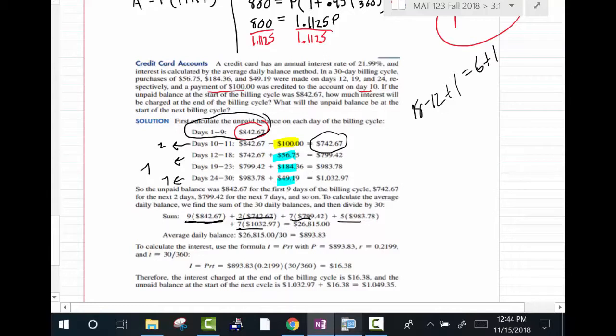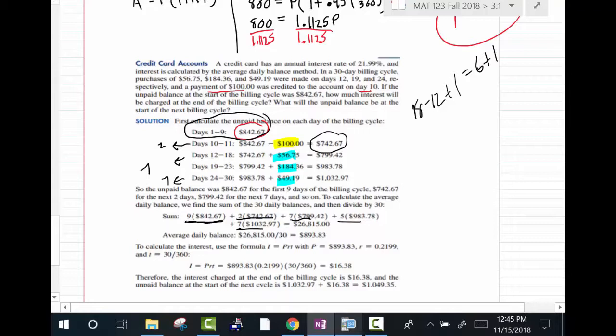What you need to understand is, for the first 9 days of the month, that's what you owed the credit card company. For the next 2 days, since you paid off $100, that went down to that. Does that make sense? Then for the next 7 days, this went up because you bought something. For the next 5 days, this went up because you bought something.